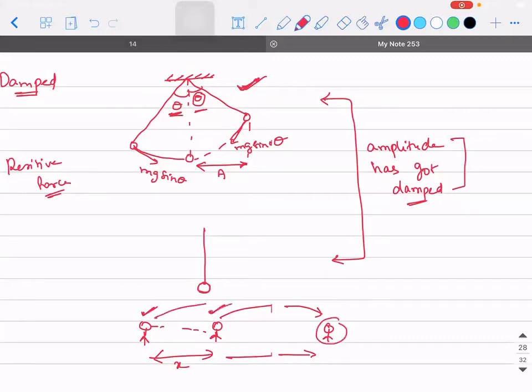No, sir. Why? The distance is increasing and there is a lot of absorption in the medium. Technically, the amplitude of your voice, that is the loudness, has got damped.